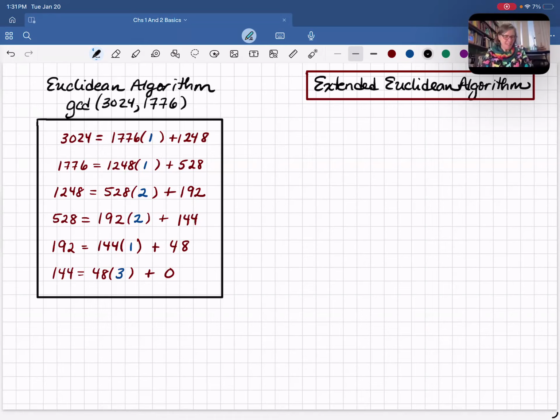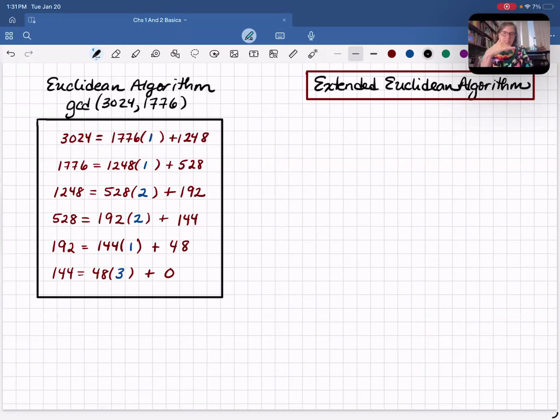Okay? So to start off, let's say that we want to look at the GCD of two numbers. Let's say we look at the GCD of the numbers 3024 and 1776. So using the standard Euclidean algorithm, you get what I can see on the left side of this screen. So I get 1776 goes into 3024 once, one is the quotient, and then plus 1248, 1248 is the remainder, and so on and so on.